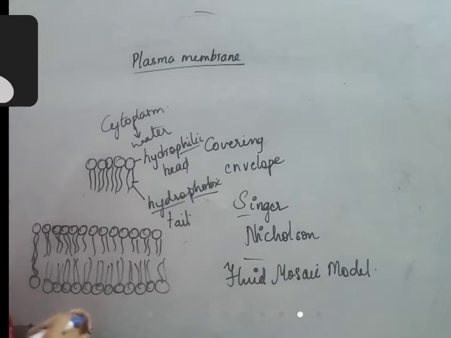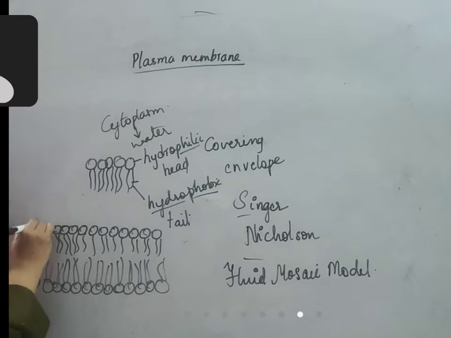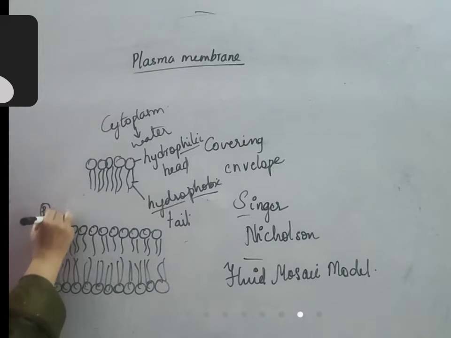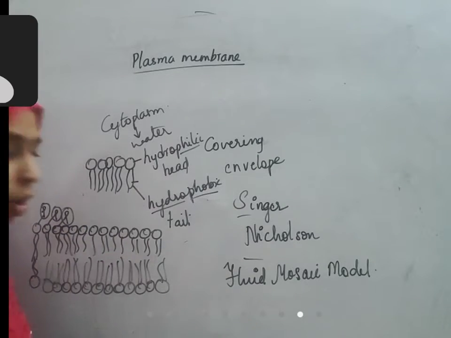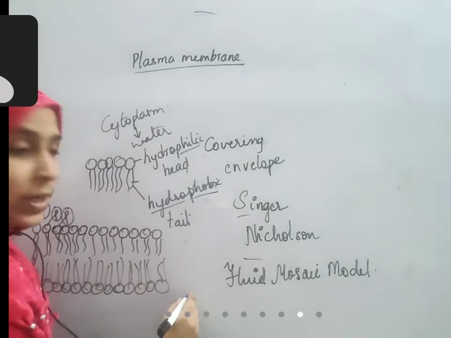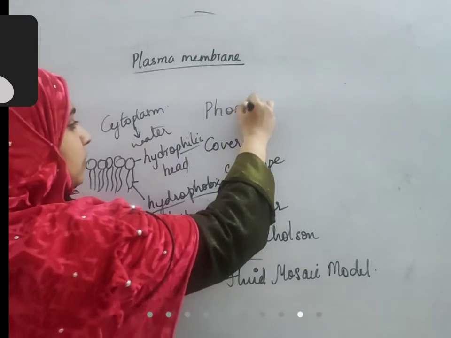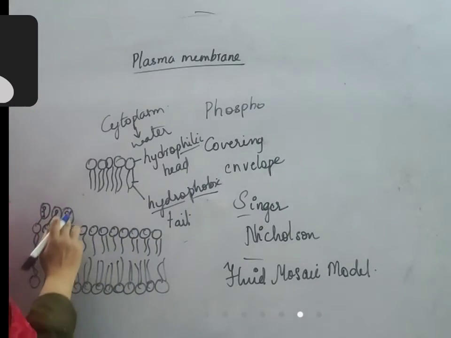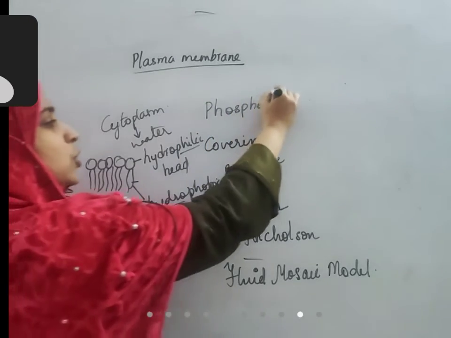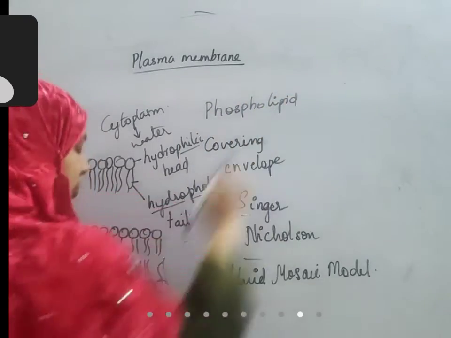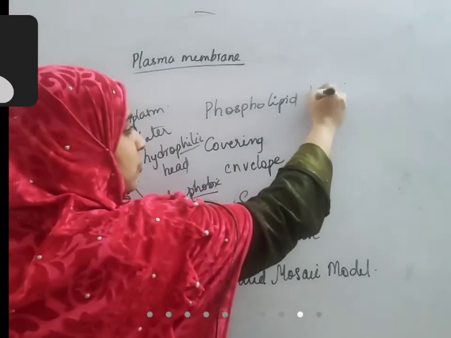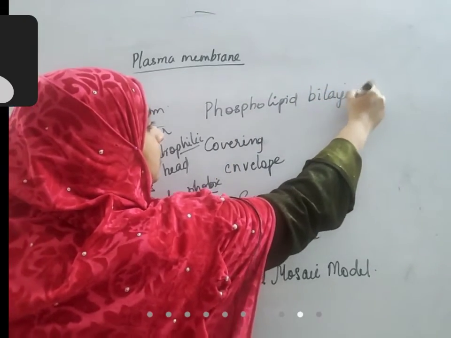In this way, the lipid bilayer is there. For each lipid molecule, there is a phosphate molecule attached. So that is why this lipid bilayer is called a phospholipid bilayer. This lipid plus phosphate is called phospholipid. It is arranged in two layers, that's why it is called the phospholipid bilayer.